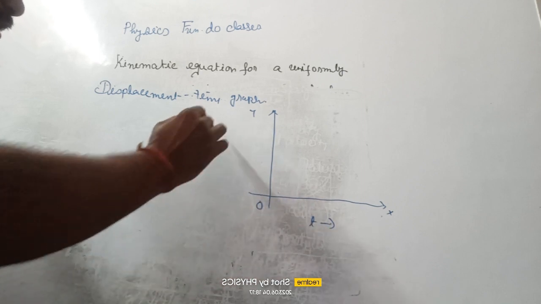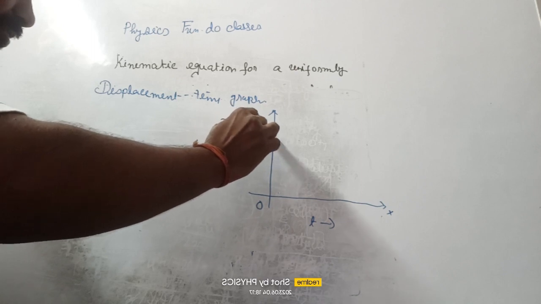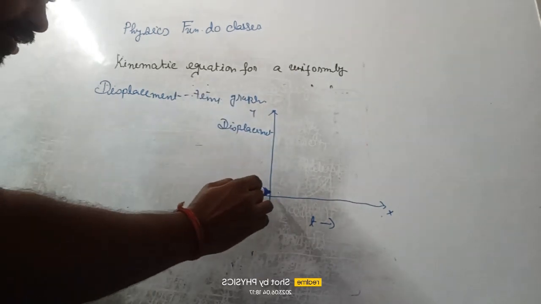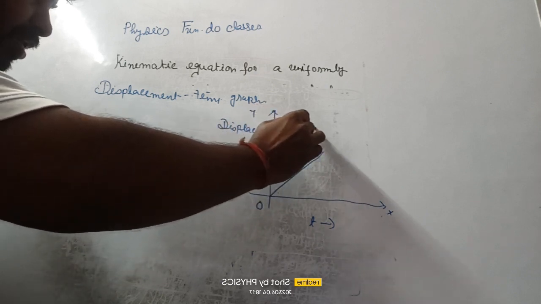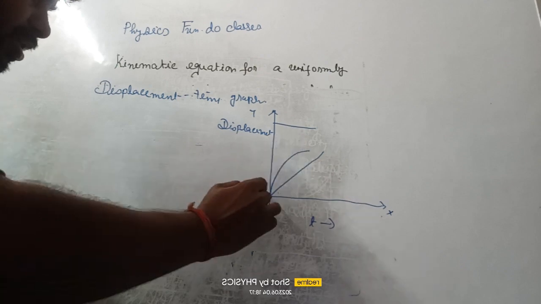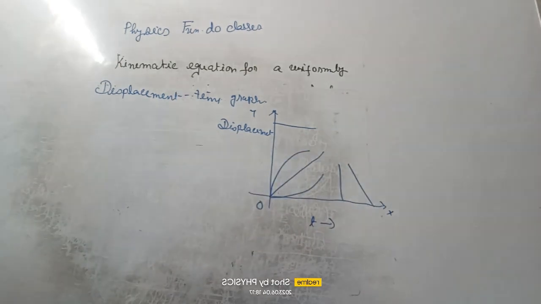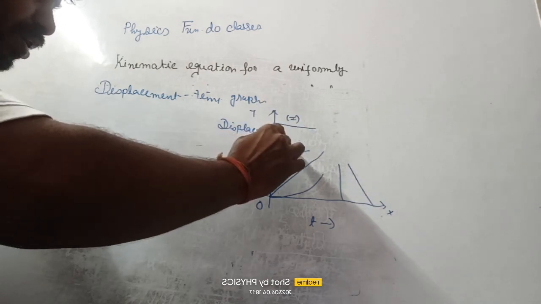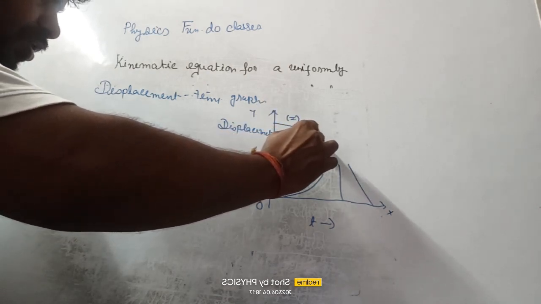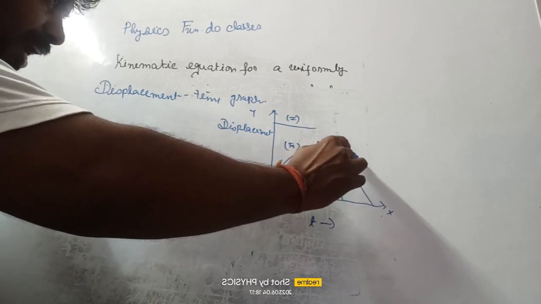This is the origin O, and this is the displacement. Here we have drawn the 6 graphs. Let us mark them. This is 1, 2, 3, 4, 5 and 6.